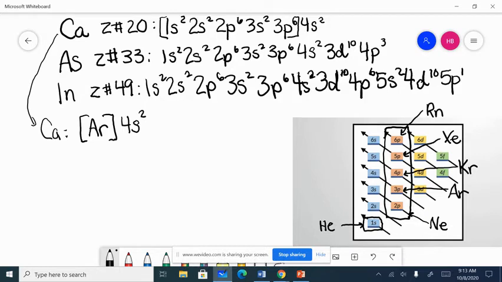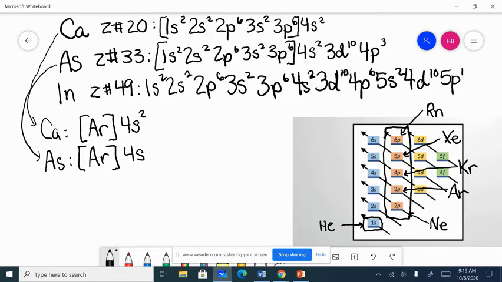Now let's do arsenic. Find arsenic on the periodic table of the elements, run your finger backwards. Again, you end up at argon. So those 18 electrons that belong to argon will go in brackets like this. And the outer shell electrons still need to be represented.